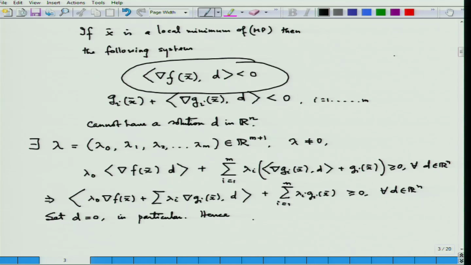Hence, we would have, so d is 0, so this is left, so this is greater than equal to 0.